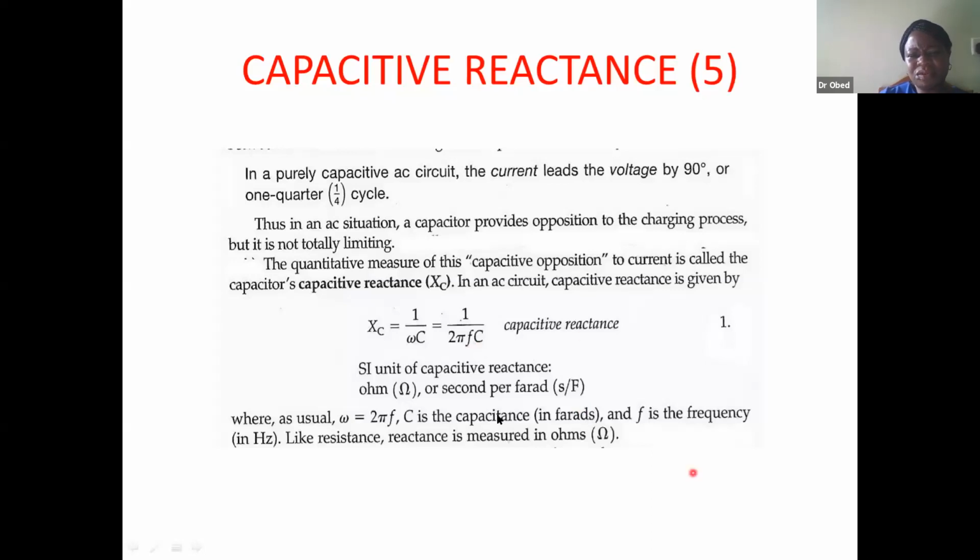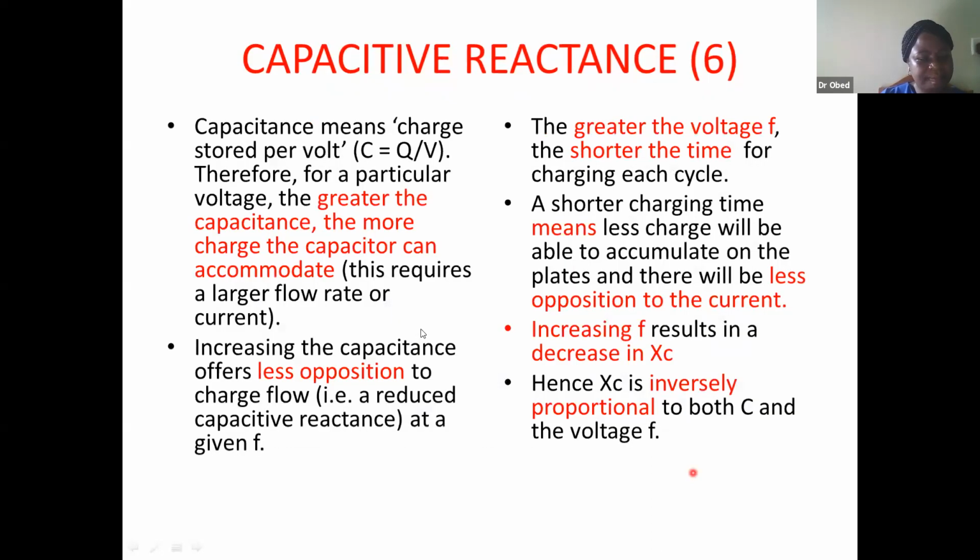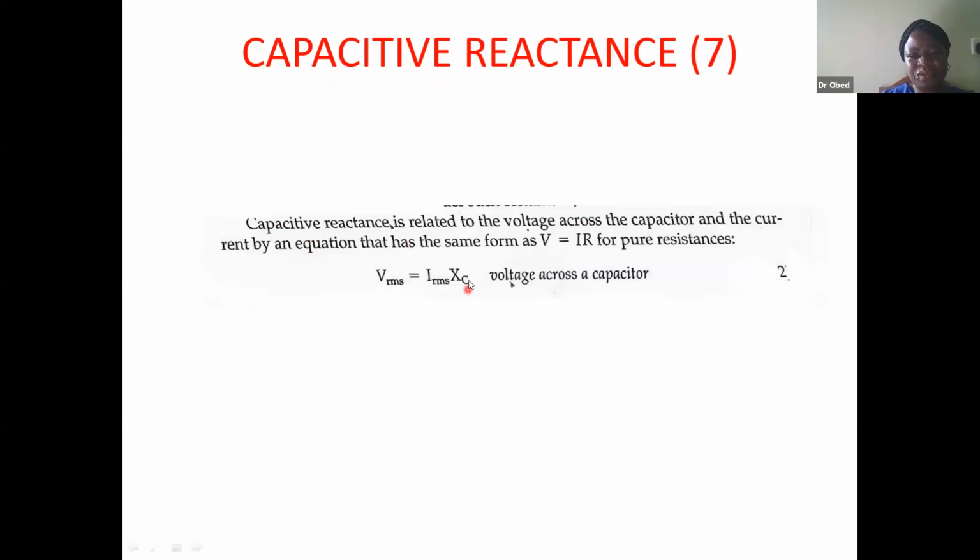So in summary, capacitive reactance is related to the voltage across the capacitor and the current by an equation that has the same form as V equals I R. If the capacitive reactance is known, and we are asked to find the voltage and we are given the current, we use this formula.